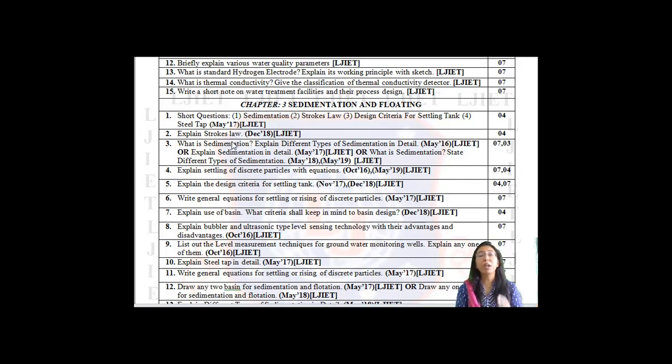Question 3. What is sedimentation? Explain the different types of sedimentation in detail. There are two types of sedimentation: number 1, plain sedimentation, and number 2, sedimentation with coagulation. Question 4. Explain settling of discrete particles with equation.